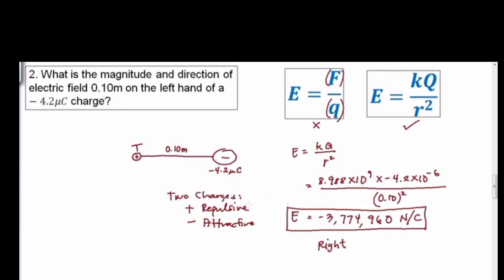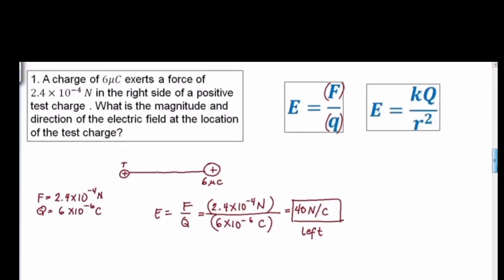Pagka may given na two charges, ang ibig sabihin ng positive ay repulsive, at ang ibig sabihin naman ng negative ay attractive. Okay, pag positive yung sagot natin, ibig sabihin yung dalawang charges na yun, kasama na dito yung positive test charge. So, pagka positive ang naging sagot, meaning repulsive.